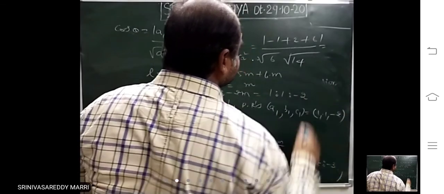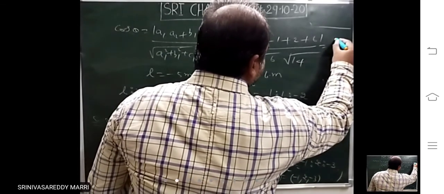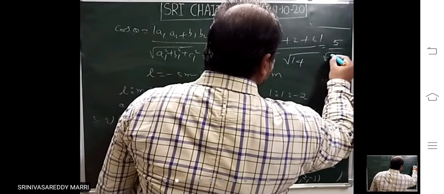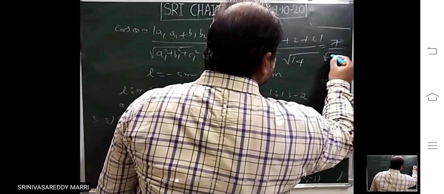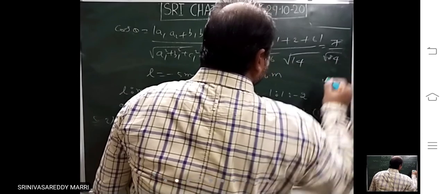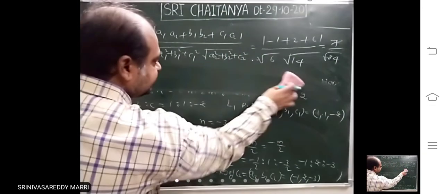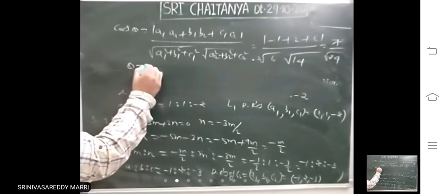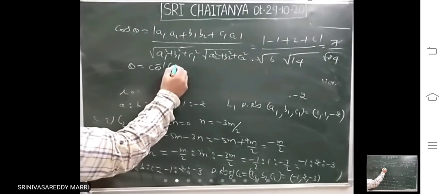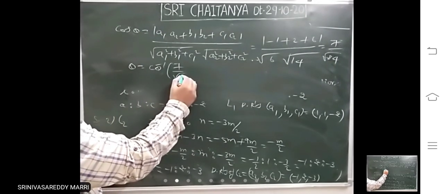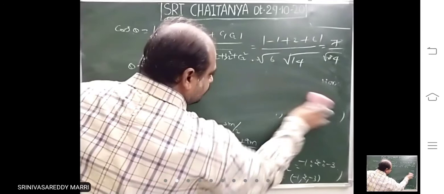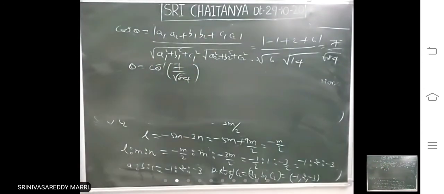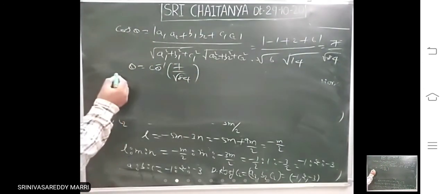That means this is nothing but 5 divided by root of 8 minus 1, 7, divided by root of 84. Therefore, what is the angle between the lines? Theta is nothing but cos inverse 7 by root 84. This is the one. So, angle means this.